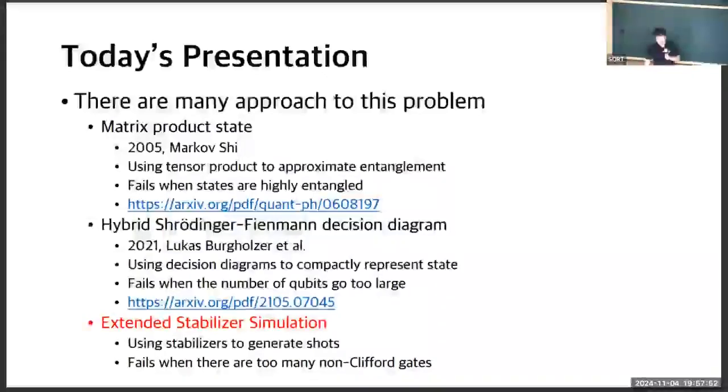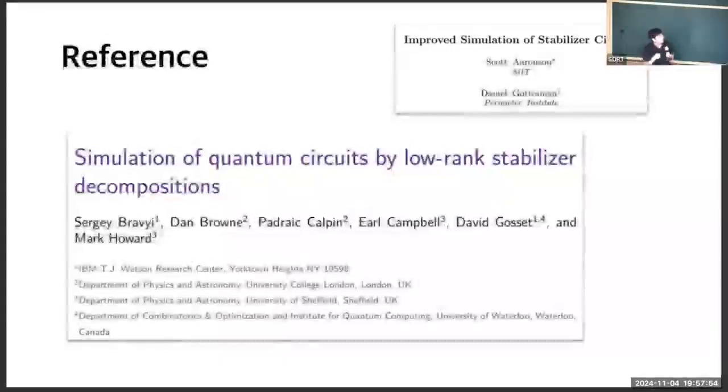To talk about this, I need to talk about what a stabilizer is first, and then I need to talk about the simulation of quantum circuits in general. So the first one is the one I need for the introduction of stabilizers, and the second one will be the main one.